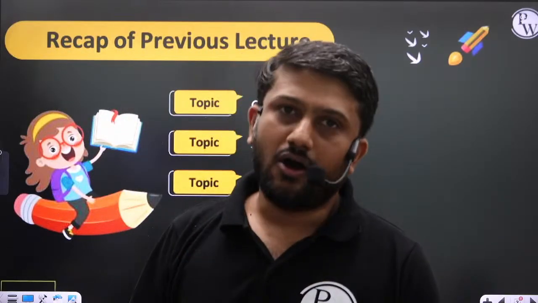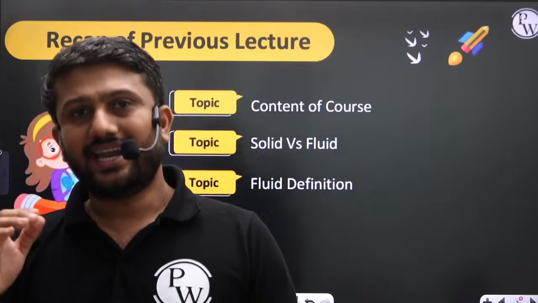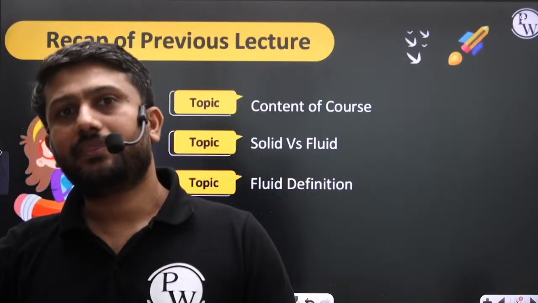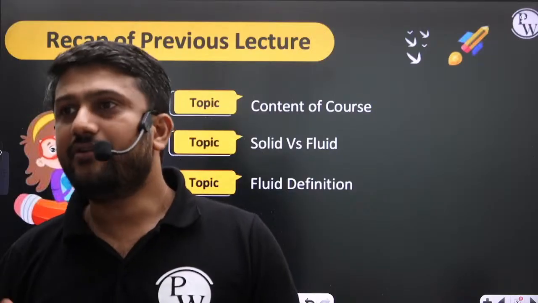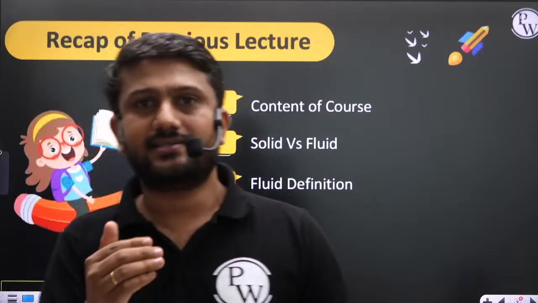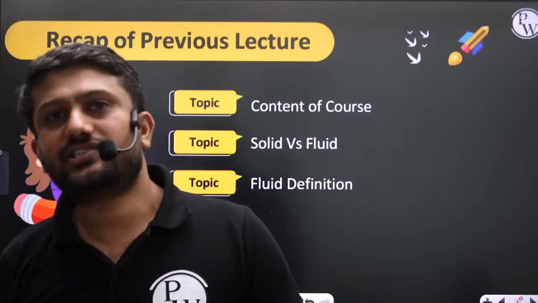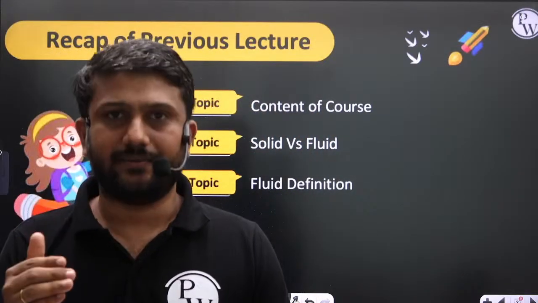After discussing the difference between solid and fluid, we are at the stage to define the fluid. What is the fluid? A fluid is a substance which deforms continuously under the action of shear force or shear load. How small that shear force is doesn't matter.